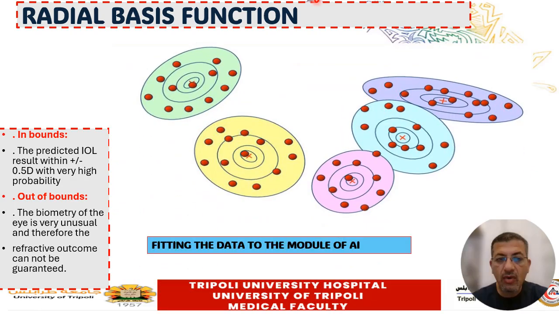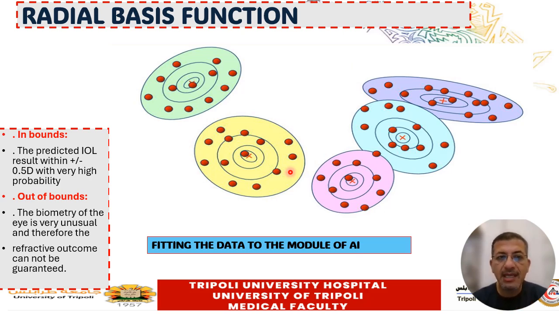So the system will create models like this. These are different models for different sets of data. Maybe this set of data is a particular axial length with a particular AC depth with a particular K reading, and so on. And this is another pattern, and this is another pattern. So when you want to test the system, you expose it to any set of data. It will compare the exposed data with the data already stored in the system, and accordingly it can predict the IOL power.